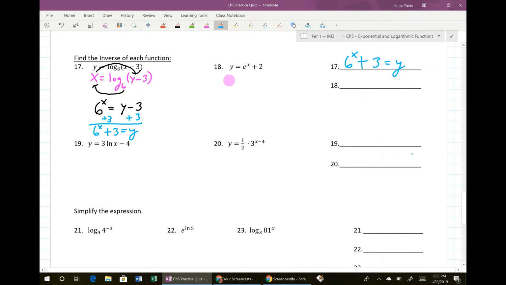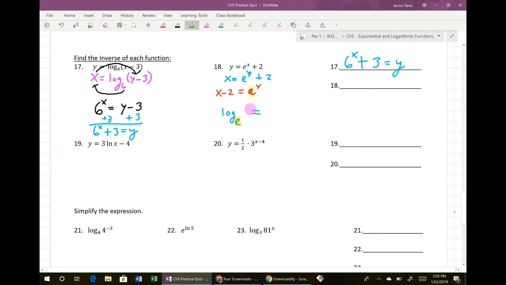For number 18, again, we're going to switch the x and the y. That's always the first step. In this case, I need to get that exponent isolated. So I need to move that 2 over so that the part that has the exponent on it is by itself. So I have x minus 2 is equal to e to the y power. Now that's isolated. Now I can switch it into the other format, which is log form. So in order to do that, I usually just write log equals and leave some space. The base of the exponent is e, so that will be the base of your logarithm.